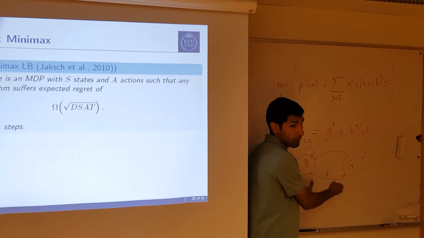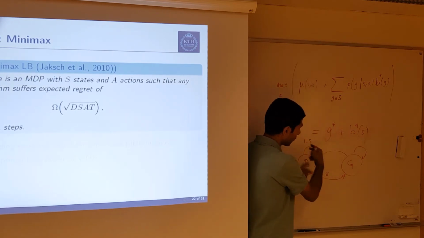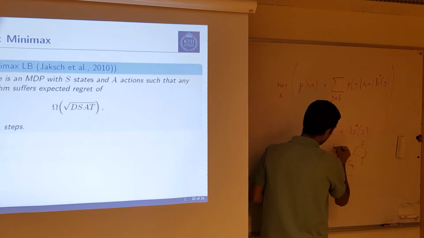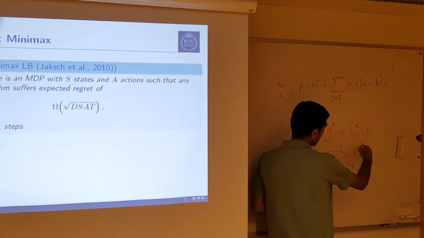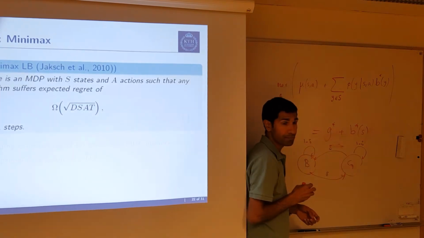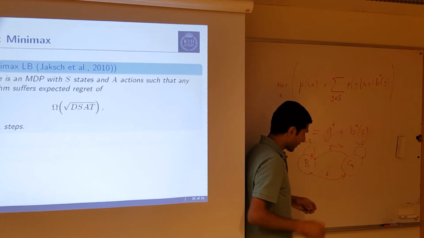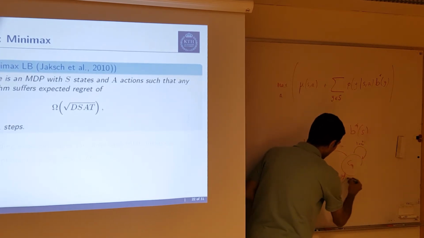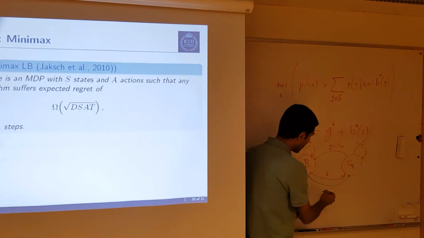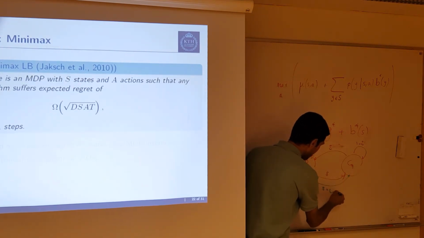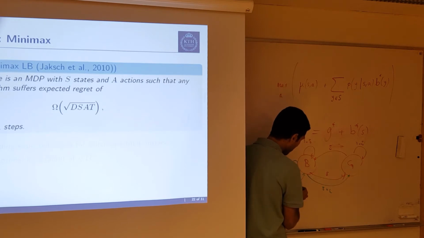There are a few suboptimal actions, and under all of them you have the same transition. But there is an optimal action that goes from bad to good under a slightly different transition probability, delta plus epsilon, and stays in the bad state with 1 minus delta minus epsilon.